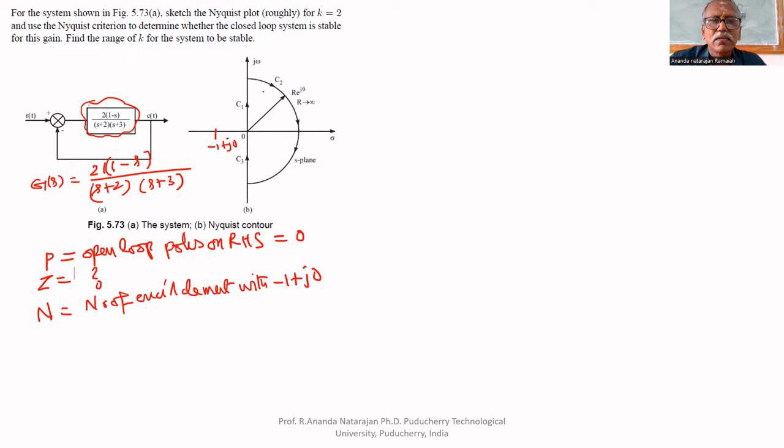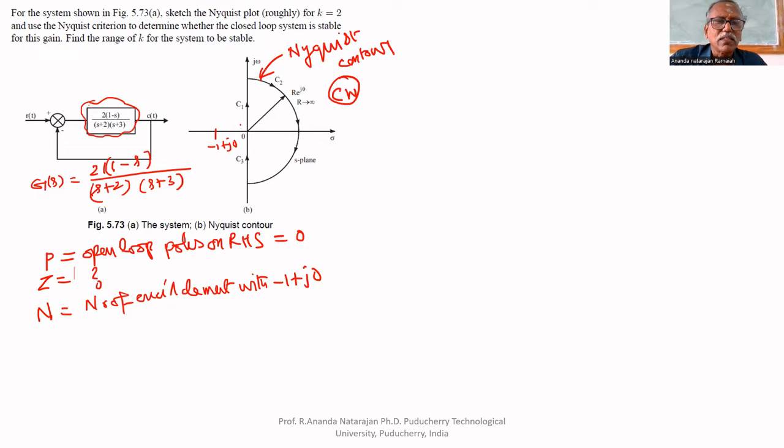Here, this is the Nyquist contour. It is considered in the clockwise direction. It has 3 segments.